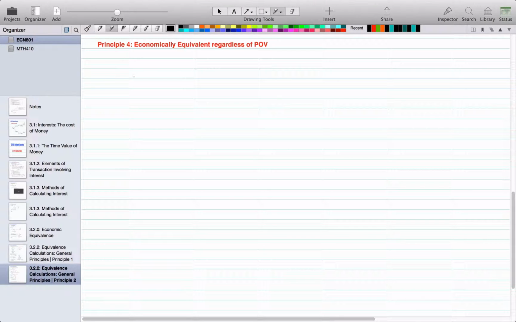Principle 4 talks about it doesn't really matter what point of view you are in, the cash flow is still economically equivalent. So if you have, let's say, somebody here who is doing some sort of trade, so this is Jack and this is Jackie.